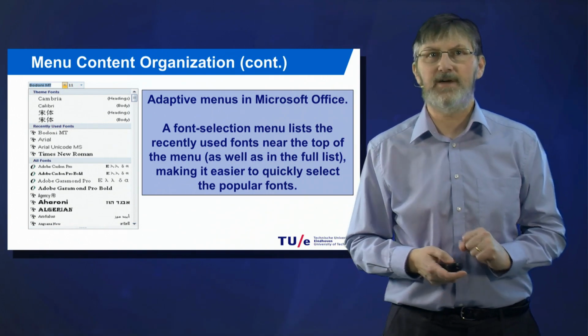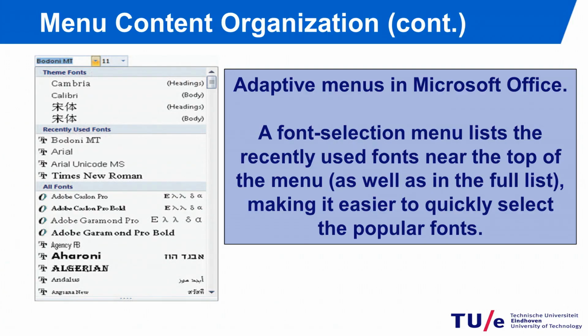Here is a nice example. This is the font selection menu from Microsoft Office. And the menu is adaptive and consists of 3 separated parts. At the top, we see fonts that were recently used. Within the same document, it's a good idea to not use many fonts, so recently used fonts are likely to be selected again.